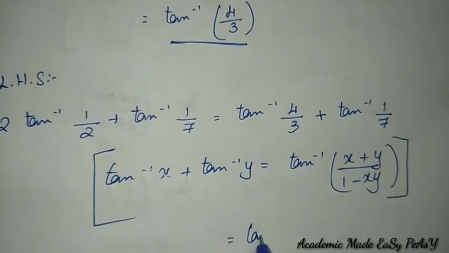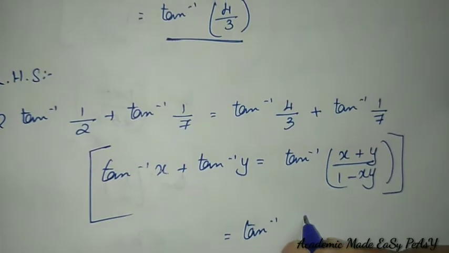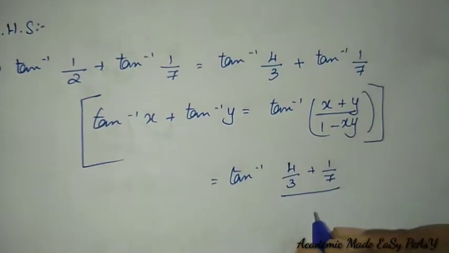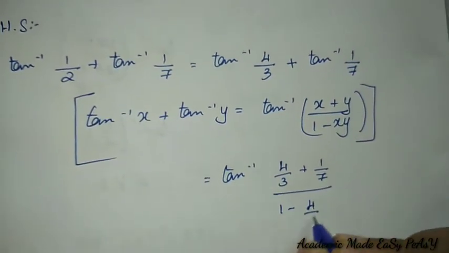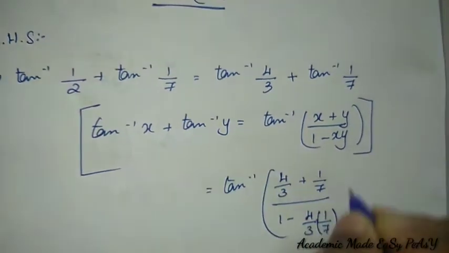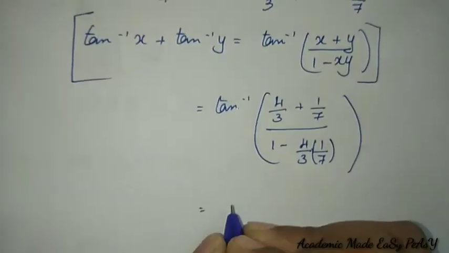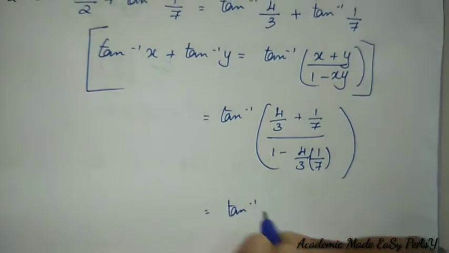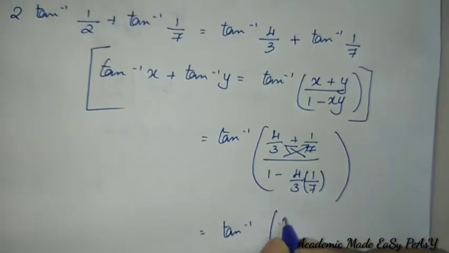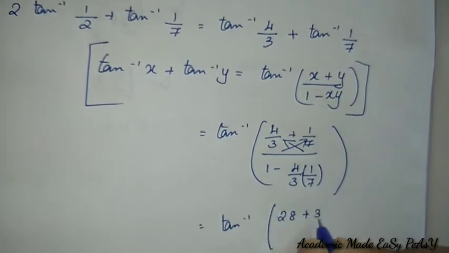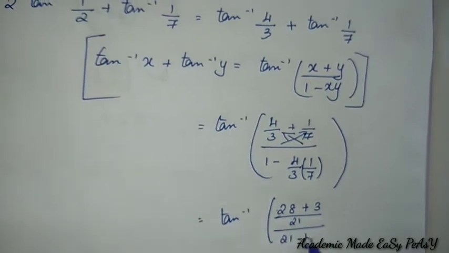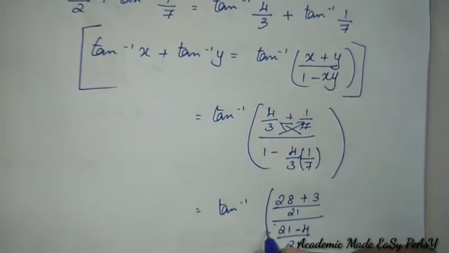So we will have tan inverse of (4 by 3 plus 1 by 7) divided by (1 minus 4 by 3 into 1 by 7 multiplication). So in the next step, we will be having tan inverse of, so I will take LCM for this. So I will have (28 + 3) by 21 upon (21 minus 4) by 21.